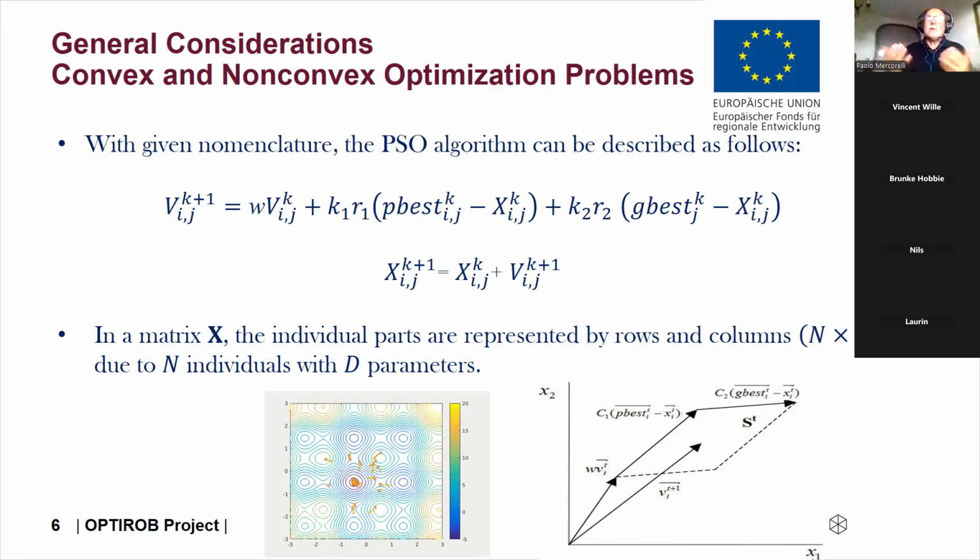But in the basic form, we have K1 multiplied by R1 equal to K2 multiplied by R2 equal to 1. In order to obtain this, we have to consider K1 and K2 equal to 2. Because R1, as I told you, at least in this variation of PSO, is a uniform distribution between 0 and 1. To conclude this, a few words about this, and then we will come back.